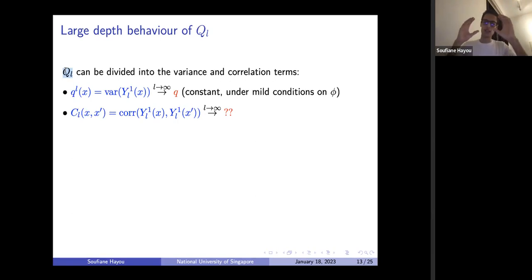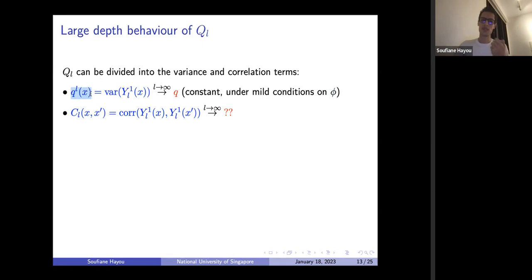So you can write it as the correlation multiplied by the square root of the variance multiplied by the square root of the variance, etc. Okay, so this is the same idea. You can decompose the kernel as a variance function and then a correlation kernel.